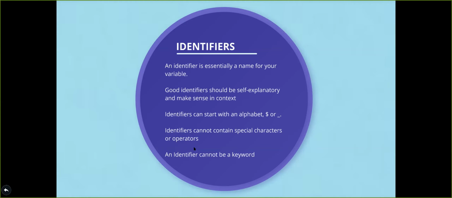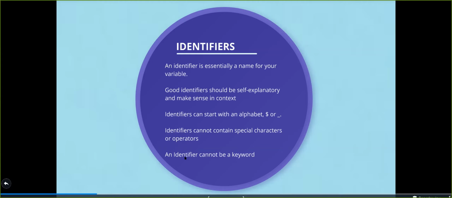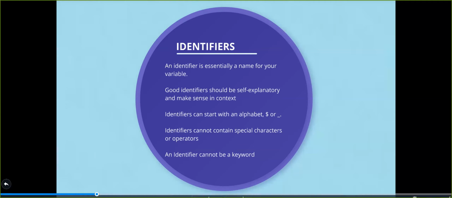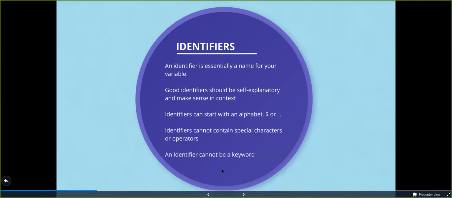So identifiers cannot contain special characters, and an identifier cannot be a keyword. Remember we talked about keywords earlier? You can't have an identifier called if, because when the programming language, when the computer sees it, it thinks you're asking it to do something rather than storing a value. Okay, so these are the rules around identifiers. They become more familiar as we go along.